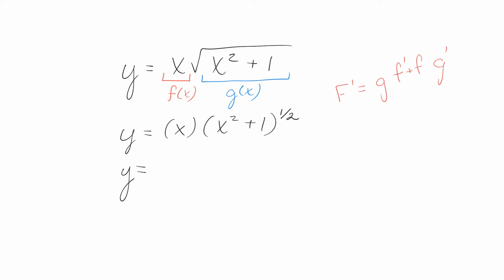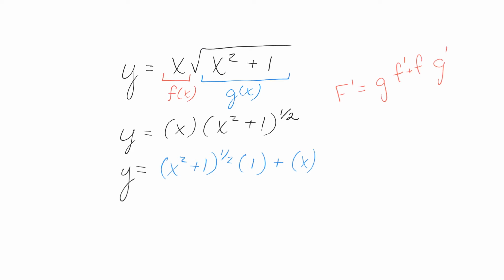So here we go. g is (x squared plus 1) to the 1/2 times the derivative of f. Well, the derivative of x is just 1. So I'm going to write that in so I don't get myself mixed up. Plus f of x, which is x, times the derivative of g of x.